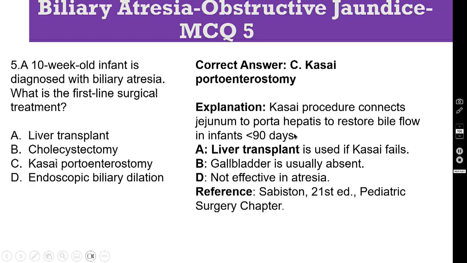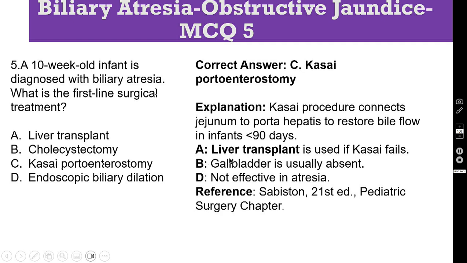Jejunum should be connected to the porta hepatis. That is the hepatico-jejunostomy, it's called. Bile flow in infants should be restored before 3 months. Ideally it should be done within 2 months, but beyond 3 months, probably all microtubules will get fibrous.